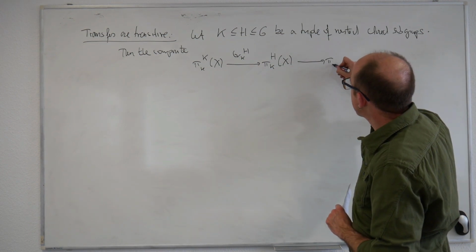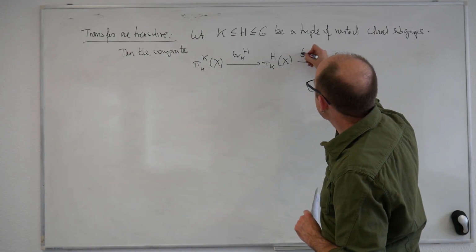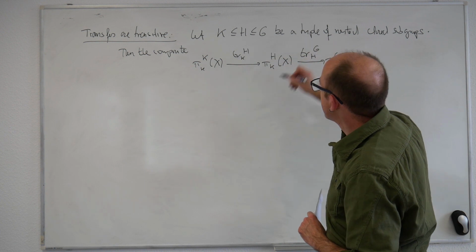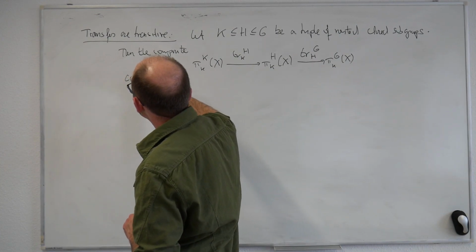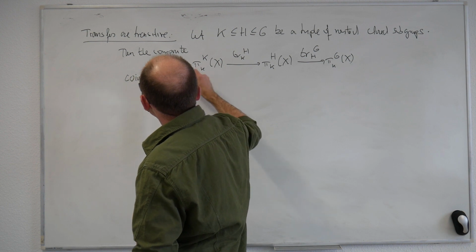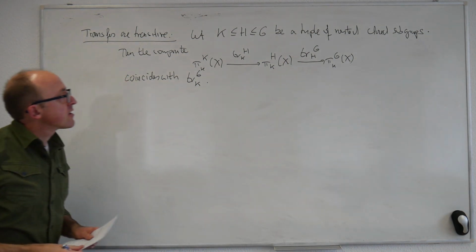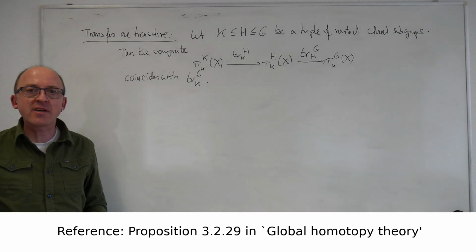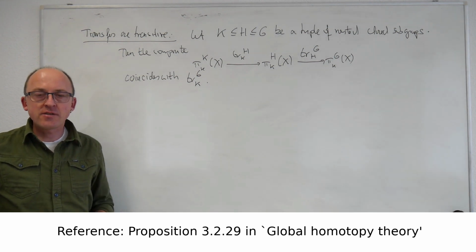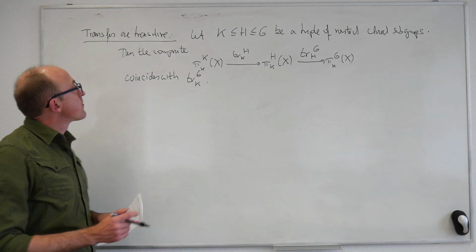And then you can go to pi k g equivariant of x via the second transfer from h to g. And this composite coincides with the transfer in one go from K to G. In the precursor of this, for the dimension shifting transfer, you also have to make some identifications of tangent representations, but it's not very much more complicated.